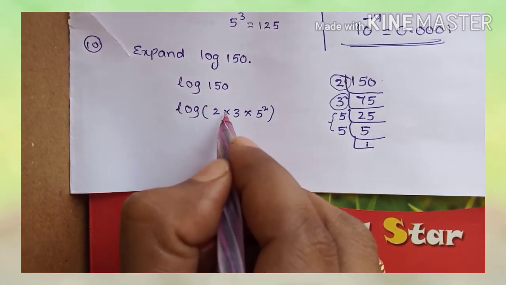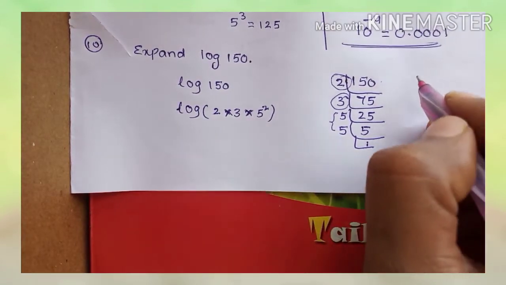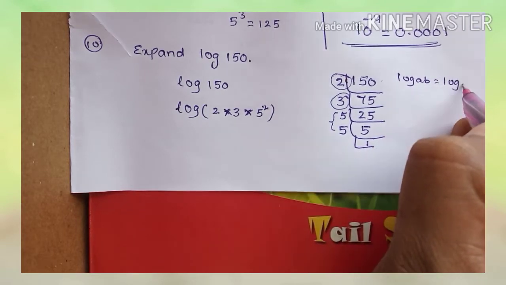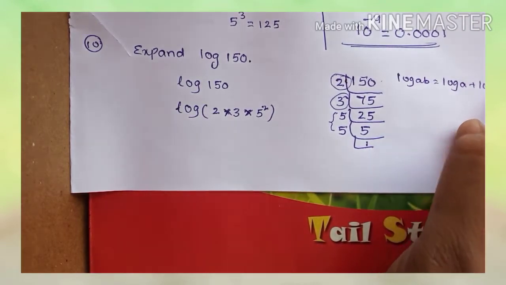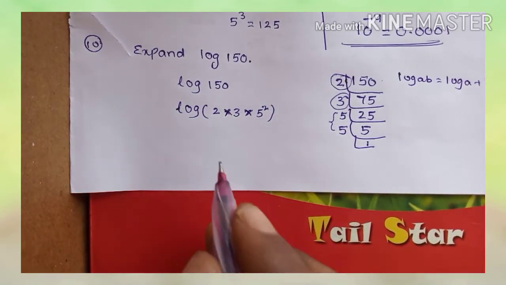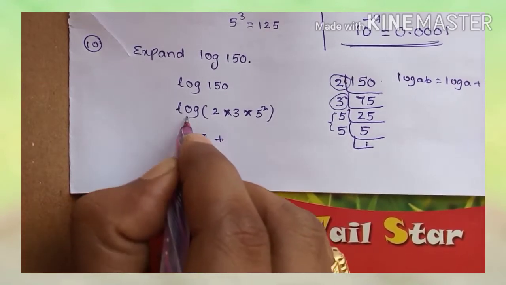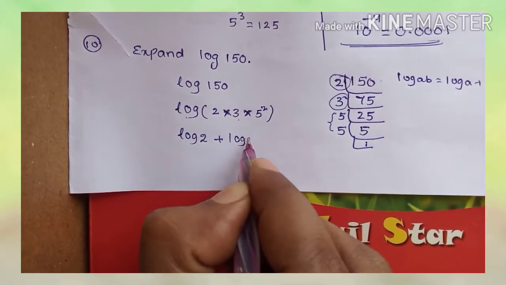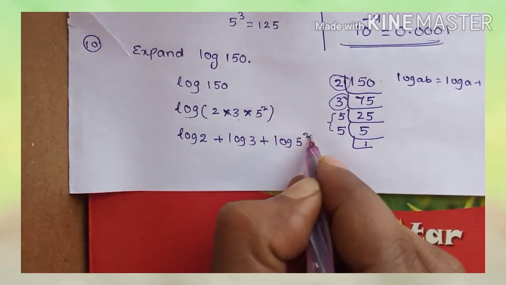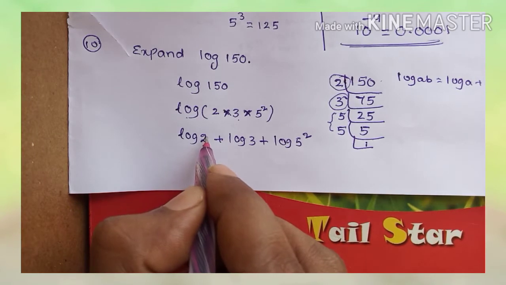Now between them the multiplication symbol is there, and in expansion we can write plus, because the formula is log AB is equal to log A plus log B. So logarithm of 2, first term, plus second term logarithm of 3, plus third term logarithm of 5 square. Right, here no exponent, so no need to simplify.